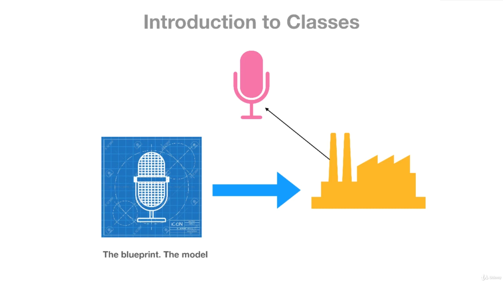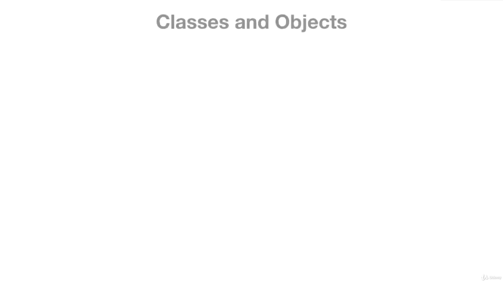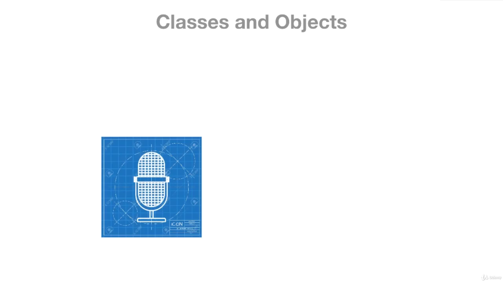In order to have a microphone, we have to have a blueprint, the model, we could call it, and then this blueprint of the model is taken to the manufacturer who will know exactly what to do in order to create the actual microphone, which is the object in this case that we can just buy and start utilizing.